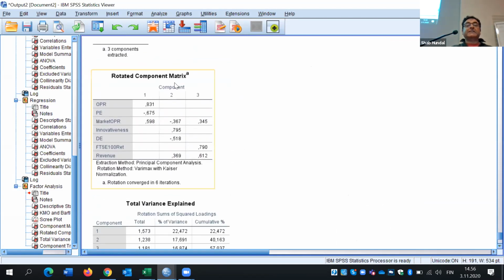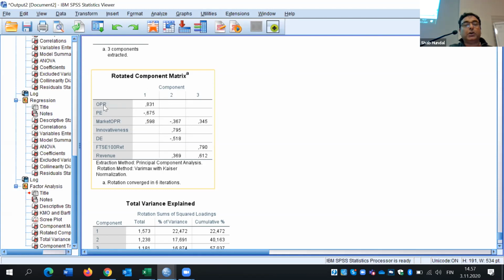The key thing is this. This is a very important matrix. It's called the rotated component matrix. And see, operating profit, look at them. Do you know what is this? 1, 2, and 3? These are 3 components, constructs, factors.